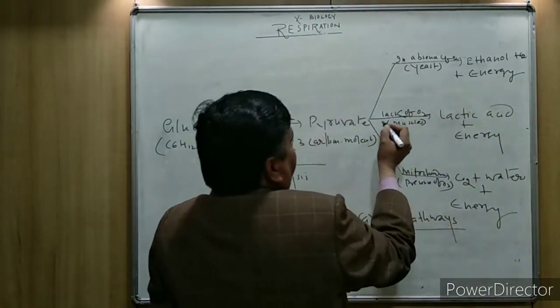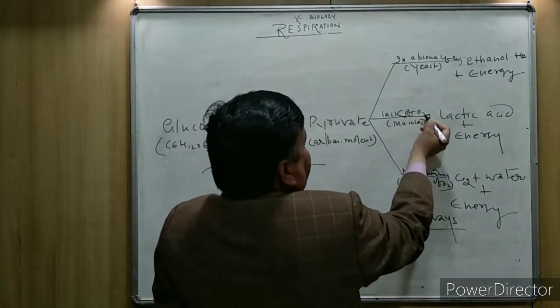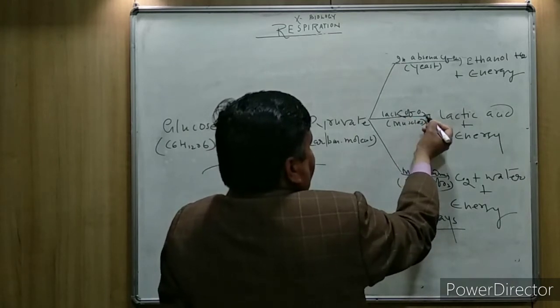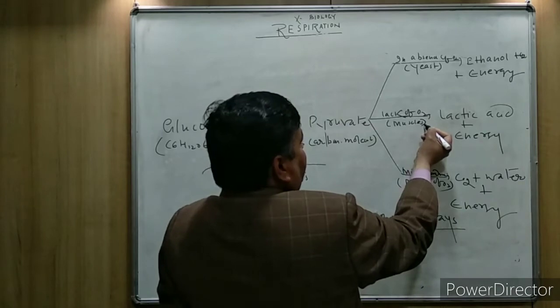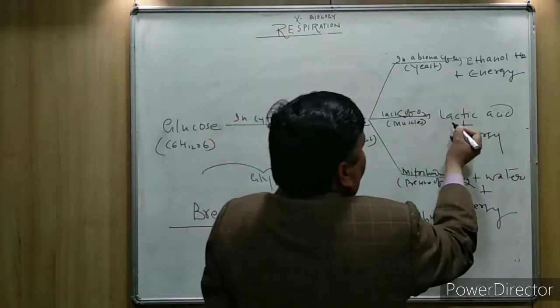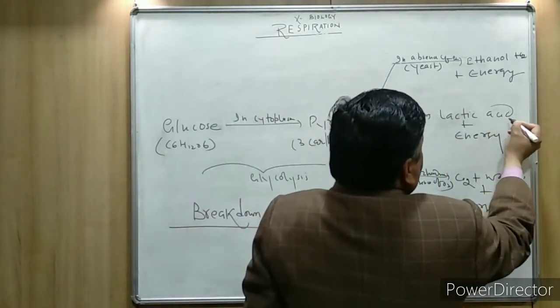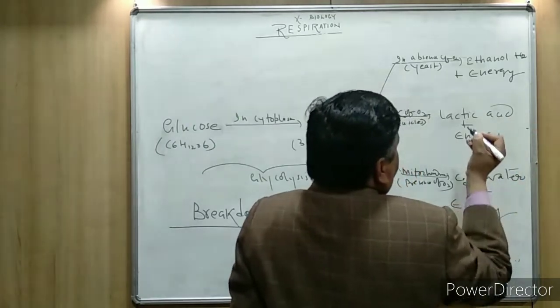Now second, in the absence of oxygen, in lack of oxygen in human muscle cells, the pyruvate is broken down into the lactic acid and energy.